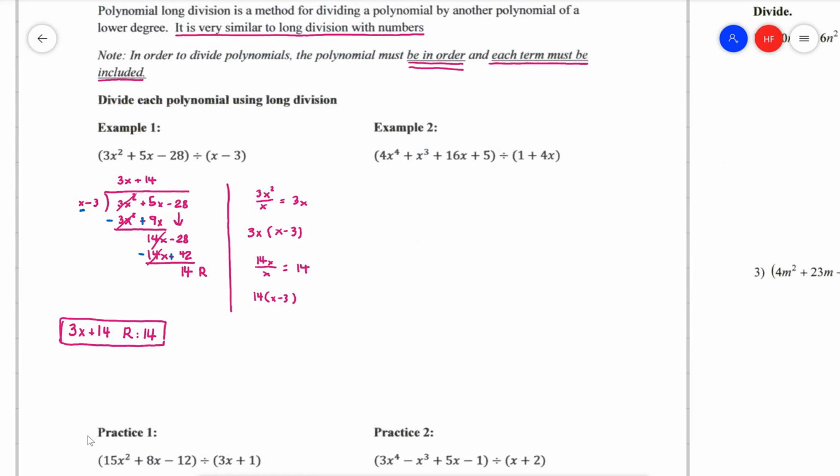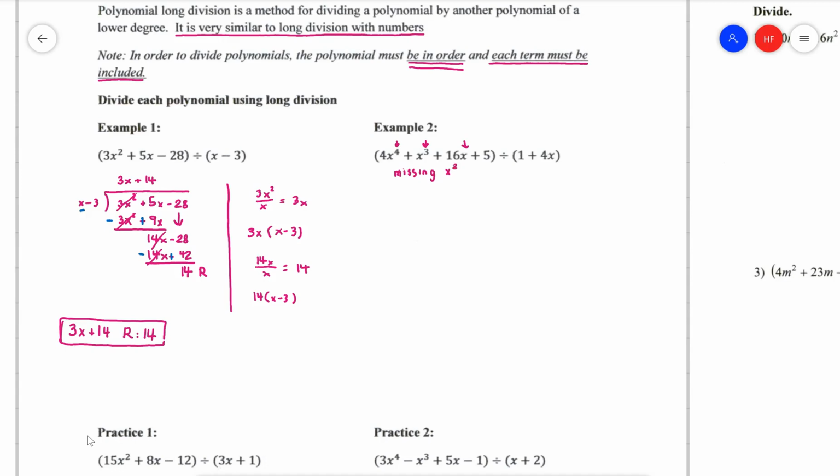Now we'll do the same thing on example 2, but like I said, we need to make sure that they are in order and that each term is included. So on example 2, we go 4, 3, 1. So we're missing x squared.